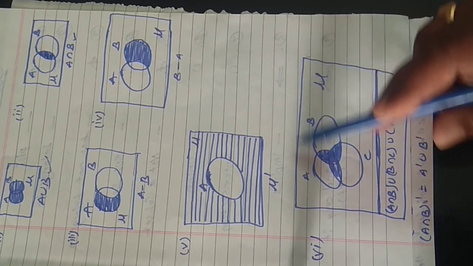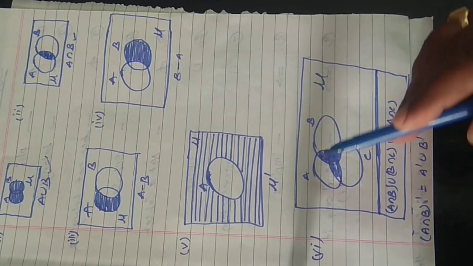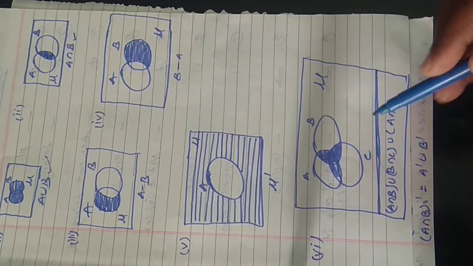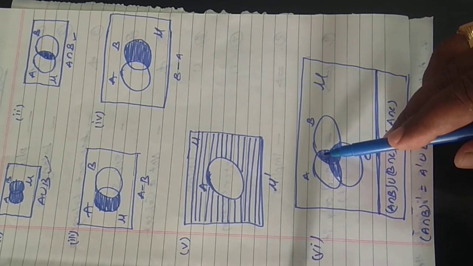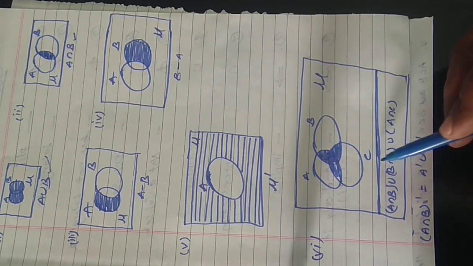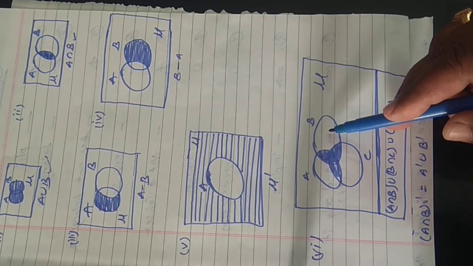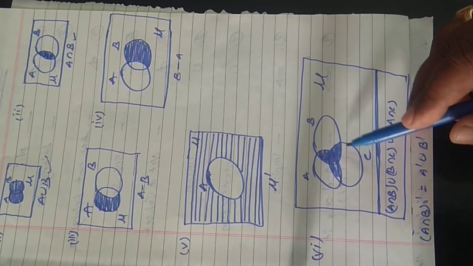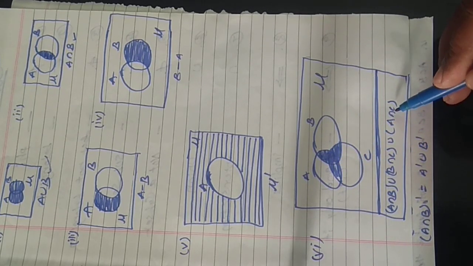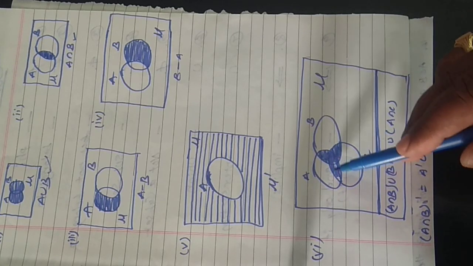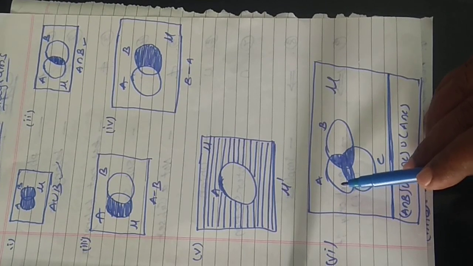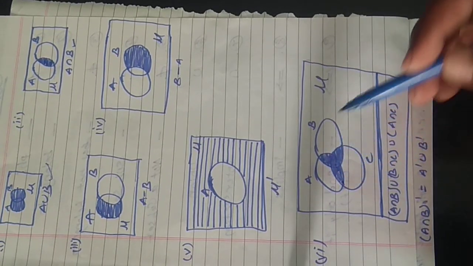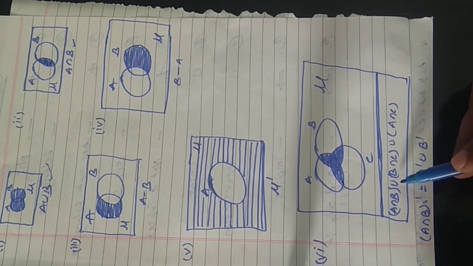Like this, in the universal set we have to take 3 sets A, B, C. A intersection B means the common elements belonging in the middle, and B intersection C will be the common elements belonging to BC, and C intersection A, the common elements belonging to A intersection C. Now these 3 sets have a union.